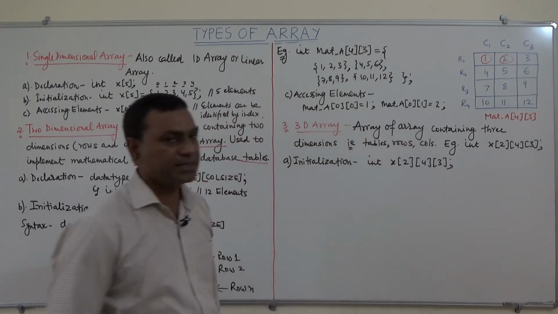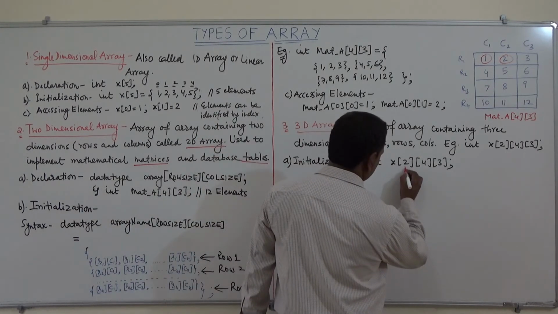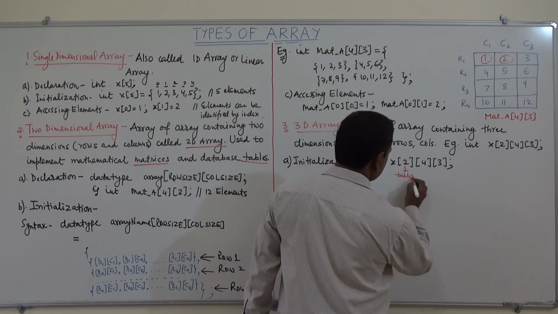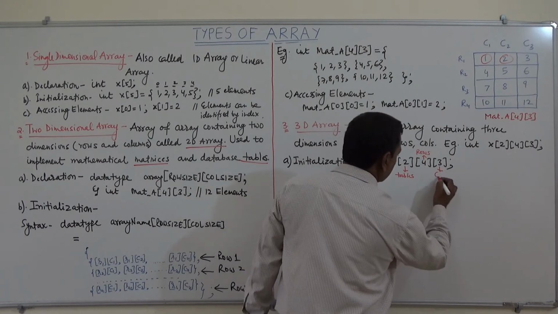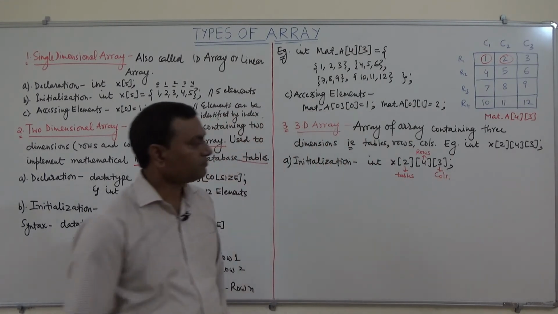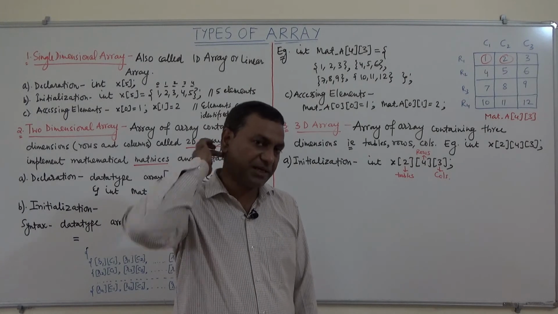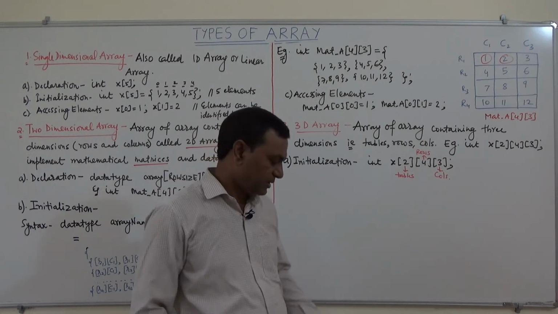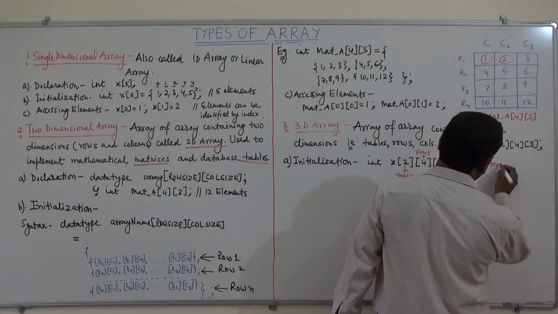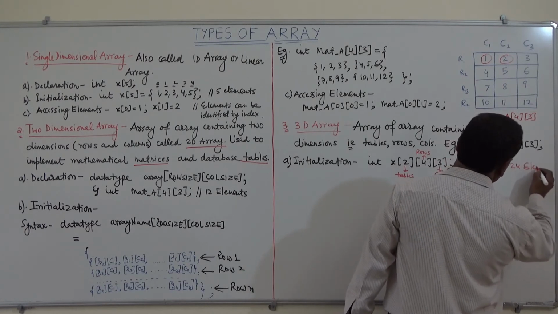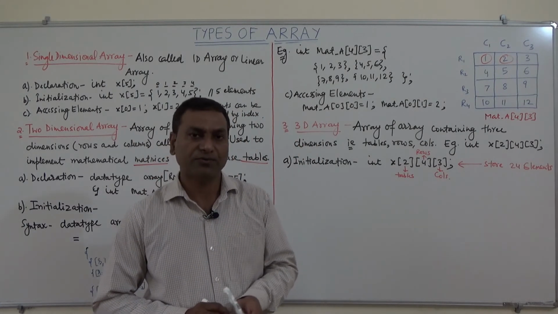This is the simple form, but here we have to see what each dimension says. These are the tables, these are the rows and these are the columns. So if we write int x 2 4 3, it will contain 2 tables, 4 rows and 3 columns. It means it can store 24 elements in all, because 2 times 4 is 8, times 3 is 24.